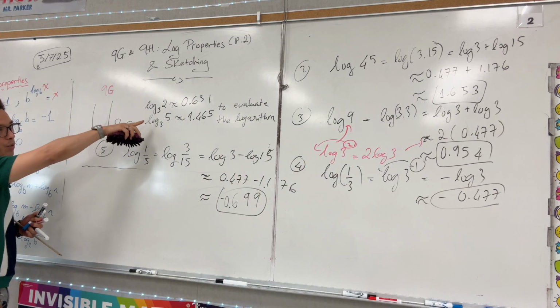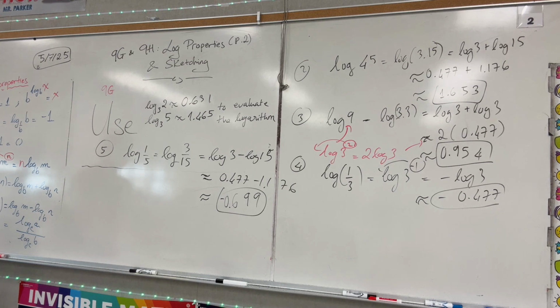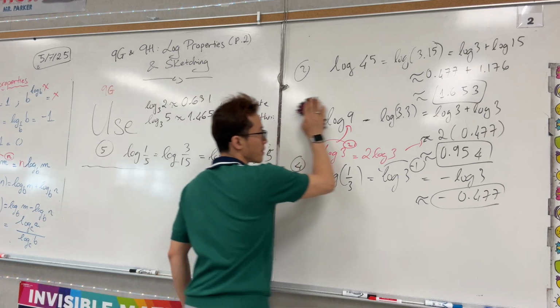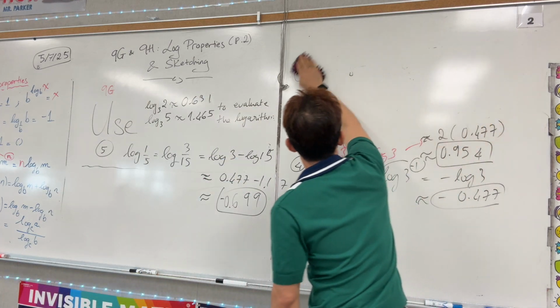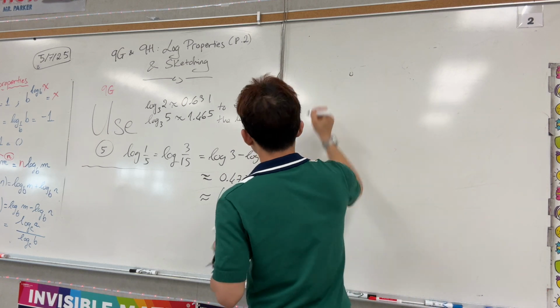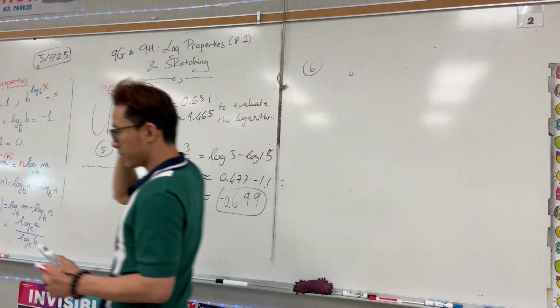All right, so this is a new one. Let's write down. Log base 3 of 2 equals 0.631. Log base 3 of 5 equals 1.465. Okay? So we're going to do number 6 here. Just calculation, right? This lesson is easy. Just calculation.